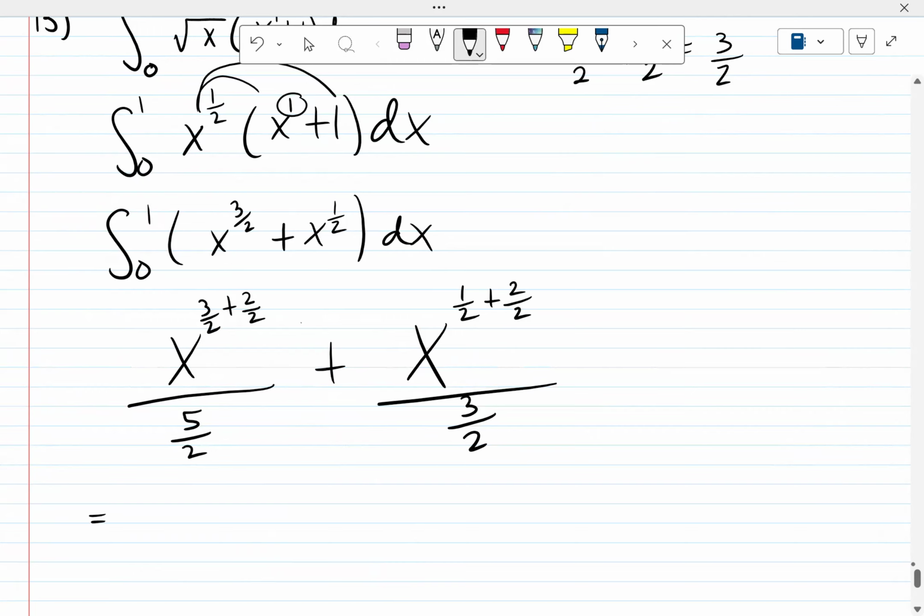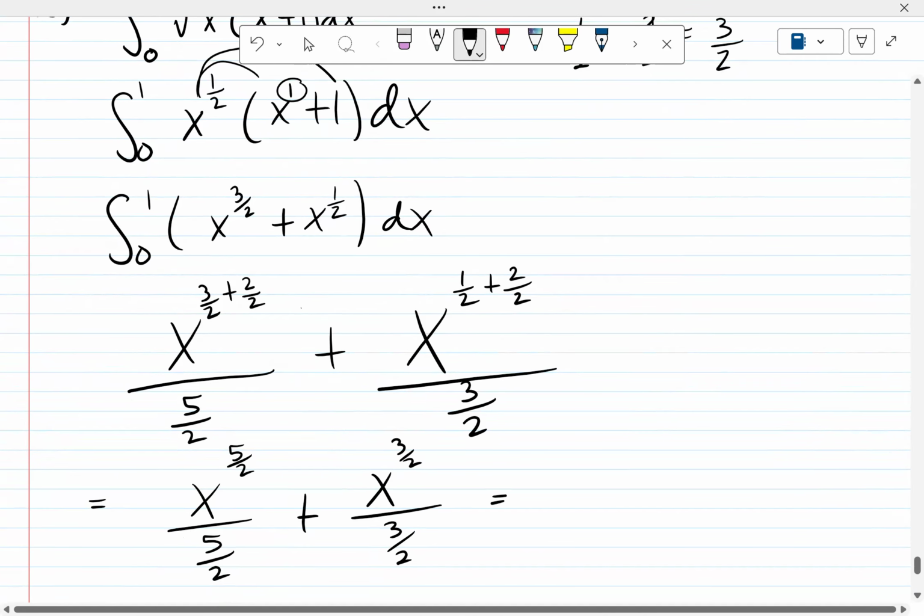Let's clean it up before we apply the fundamental theorem. So this is going to be x to the 3/2 plus 2 over 2 is 5/2, divided by 5 over 2, plus x to the 1/2 plus 2 over 2 is 3/2, divided by 3 over 2. So right here you have a complex fraction.